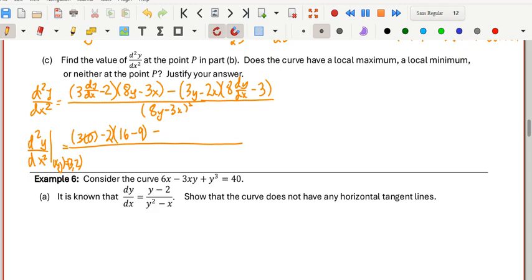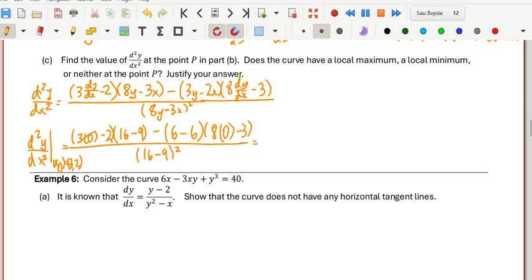Minus (3y minus 2x), so that's 6 minus 6. That's awesome because that is 0, and that zeroes out everything else, which is 8 times 0 minus 3. But who cares, because it's 0. And the denominator is a repeat, 16 minus 9 squared.